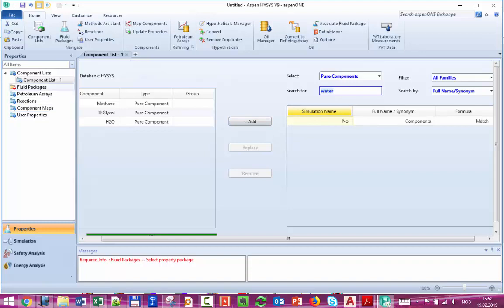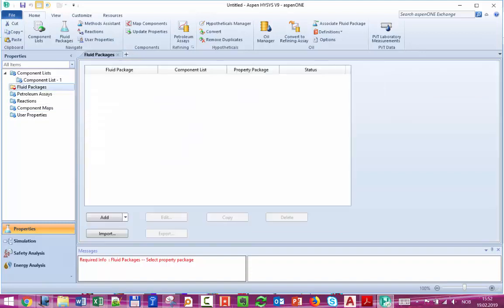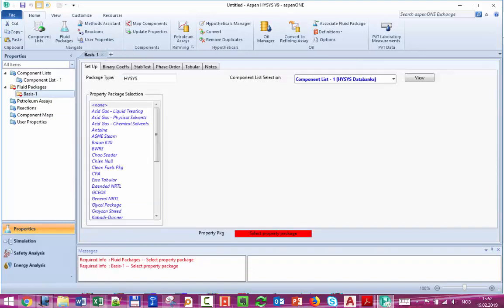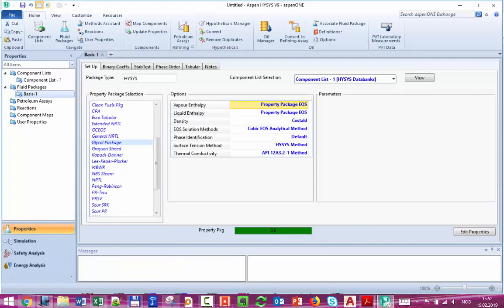Now I go to the fluid package. Those are the only 3 I'm going to use. For the fluid package, we could use an equation of state like Peng-Robinson, but there is one option here called the glycol package, which is simply a cubic equation of state, but a bit customized for glycol calculations.